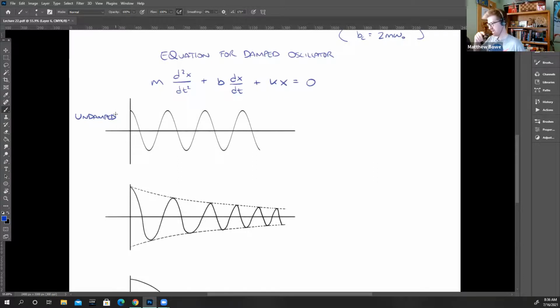Say it's oscillating forever, and I slowly put my hand on it and slowly force it to stop by supplying this constant friction force. The amount of oscillation will decline very slowly. This is damped.